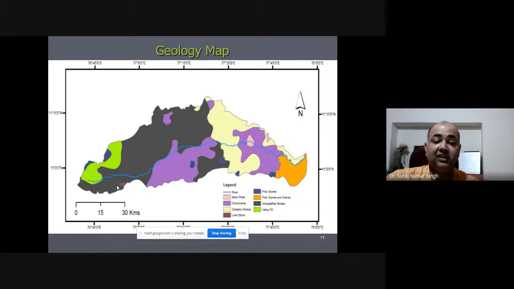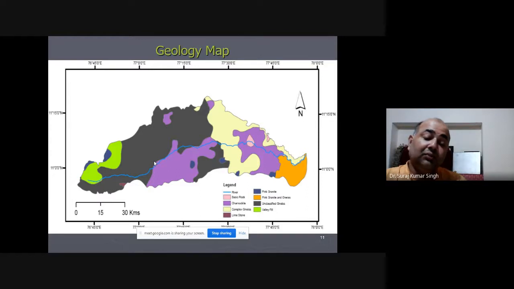So identification of each and every parcel of geology is very important to understand the amount of recharge that is going to happen in that area. Satellite images and remote sensing and GIS techniques are the best techniques used to classify, map, and quantify statistically.